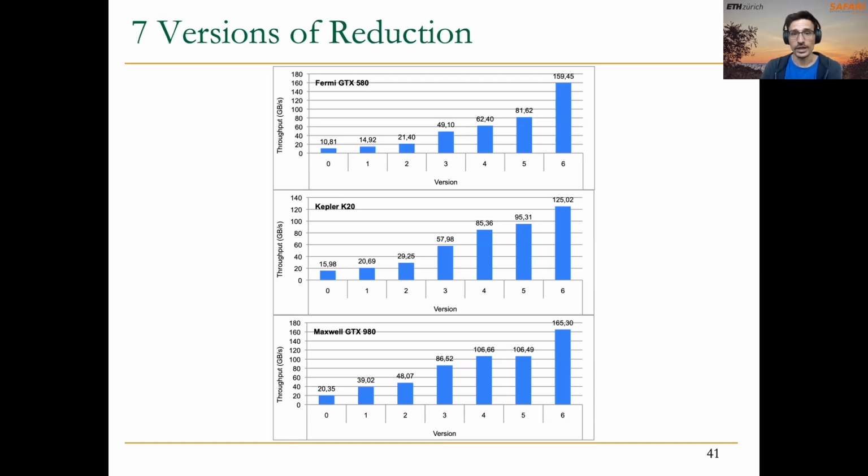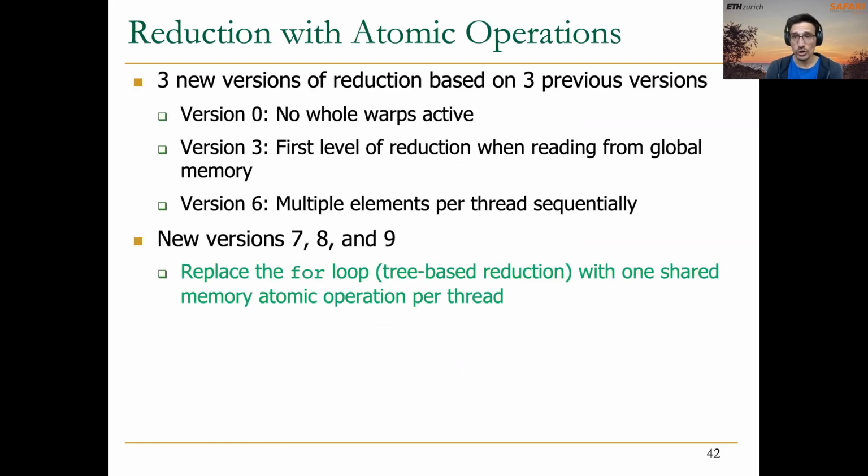The reason why I'm explaining these 7 versions of reduction is because we could modify some of these versions to use atomic operations in shared memory and in global memory, and still have efficient executions, depending on the version and depending on the architecture, as we will see.